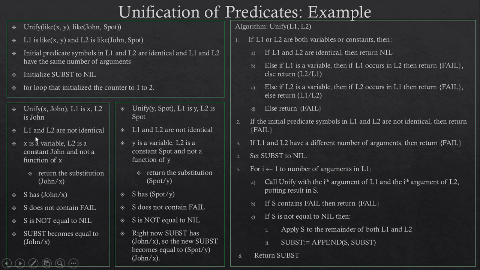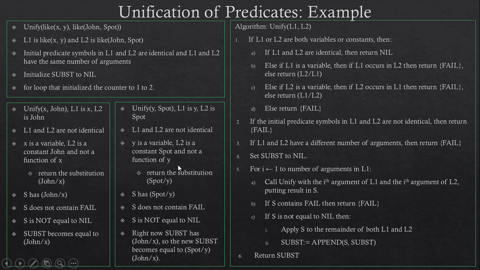One is a variable and the other is a constant. So we can enter that if section. L1 and L2 are not identical. We go to the next step. L1, that is x, is a variable and L2 is a constant, John, and it is not a function of x. So we return the substitution John for x.